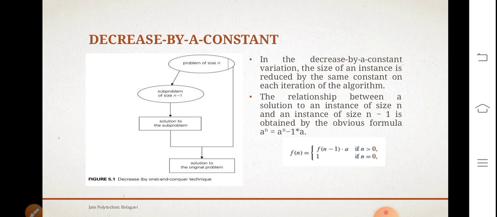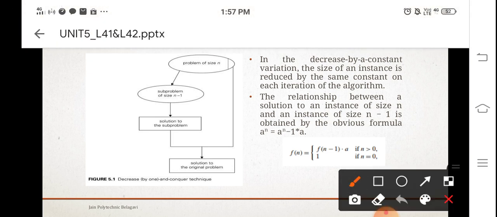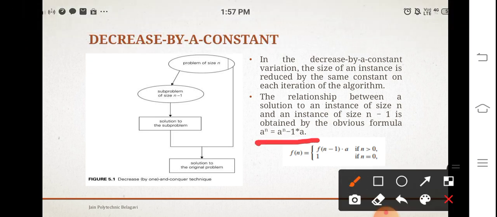Here I'm going to consider one example, that is the exponentiation problem of computing a raised to n, where a is not equal to 0 and n is a non-negative integer. The relationship between a solution to an instance of size n and an instance of size n minus 1 is obtained by the obvious formula: a raised to n equals a raised to n minus 1 into a.